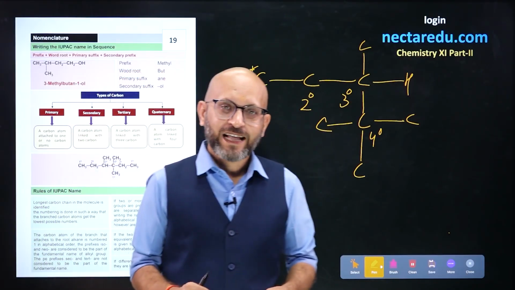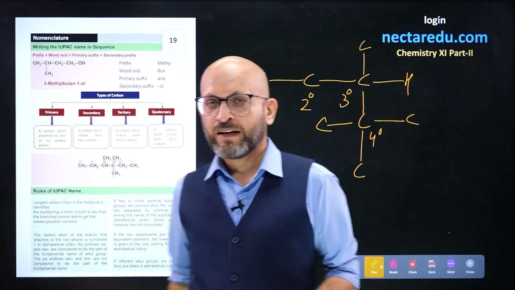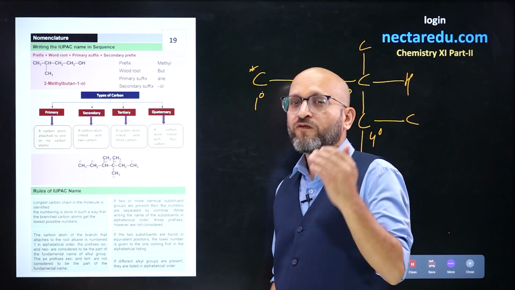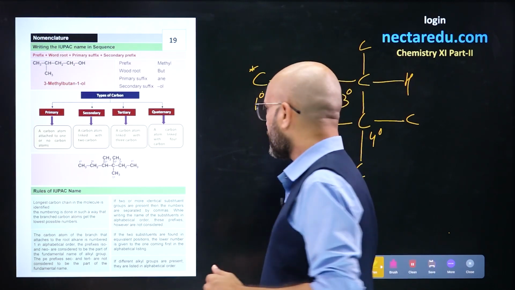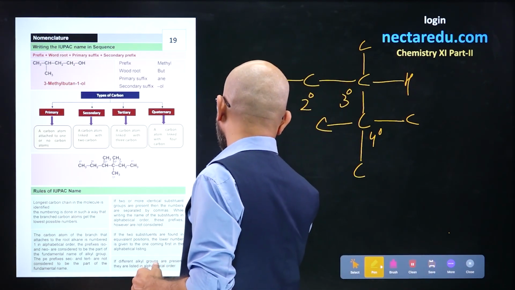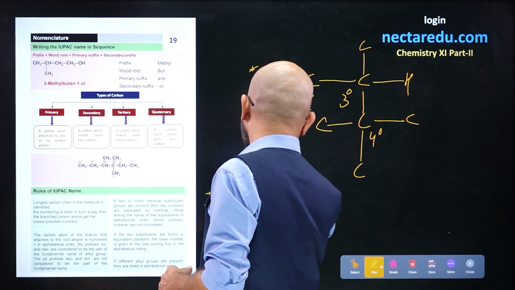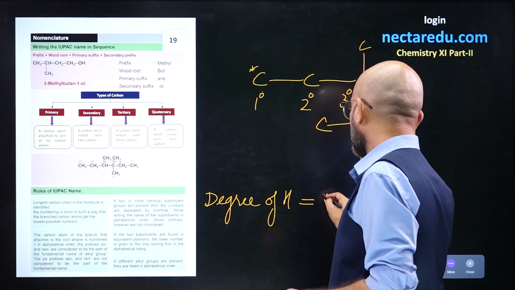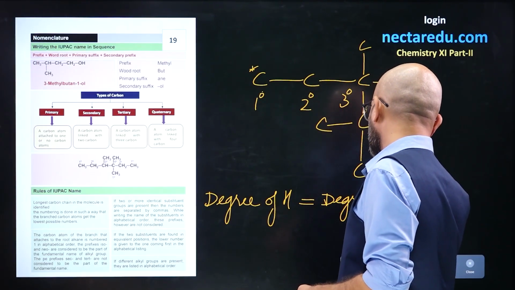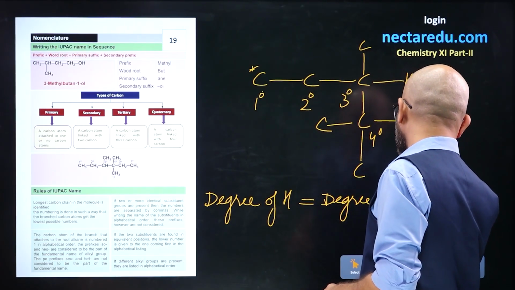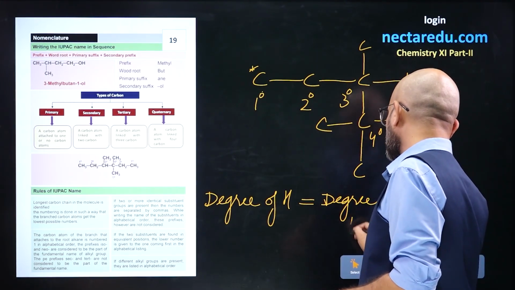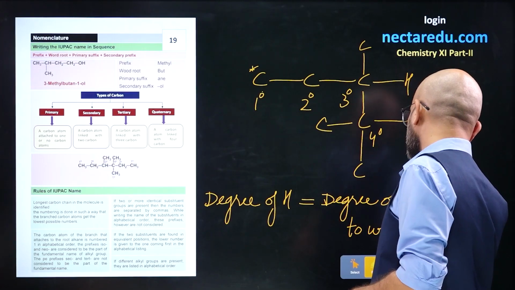And along with that, I'll give you a bonus tip. Sometimes you might get questions on degree of hydrogen. Degree of hydrogen equals the degree of carbon to which it is attached.